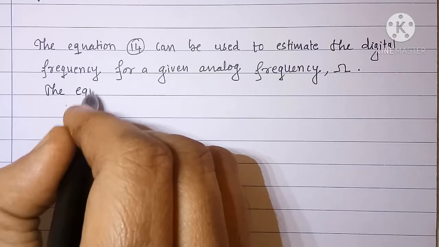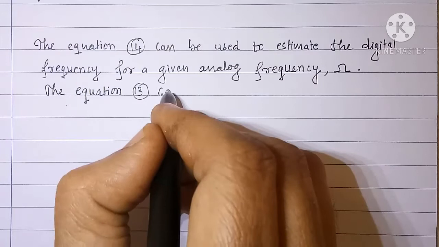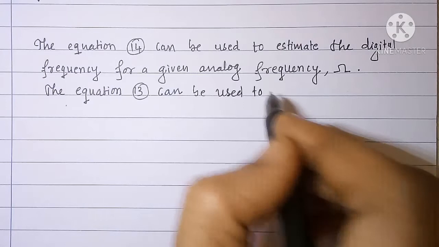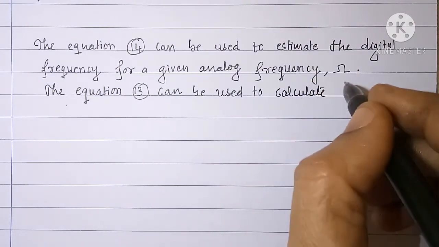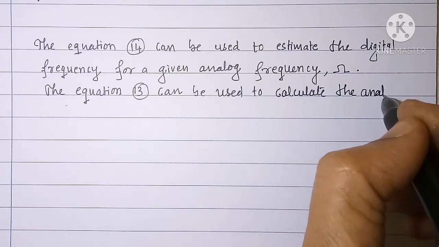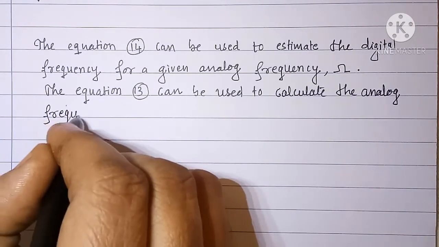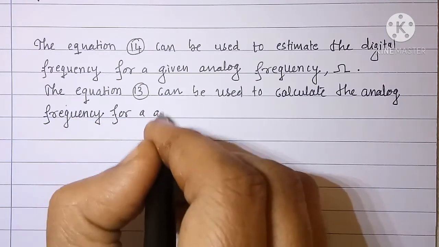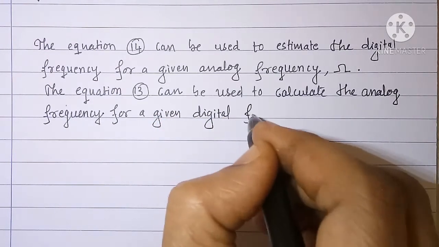The equation (13) can be used to calculate the analog frequency for a given digital frequency.